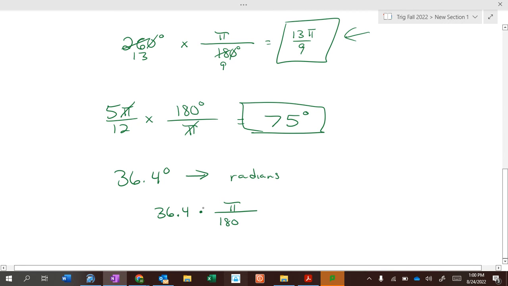So on your calculator, take 36.4 times pi, hit equals, divide by 180, hit equals. It'll be a decimal answer with a whole bunch of decimals behind it. So if we round to 3 places, 36.4 degrees is how many radians?